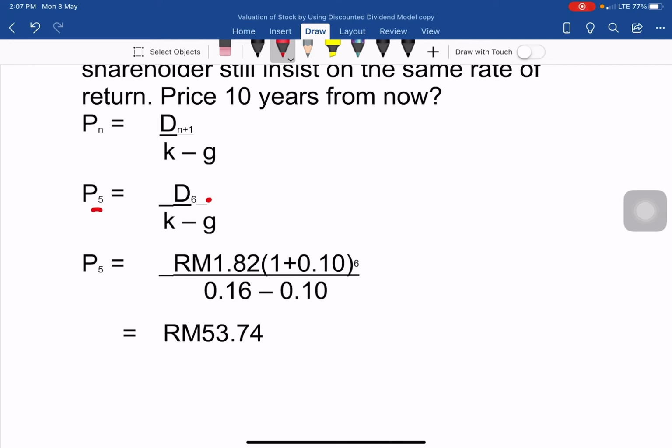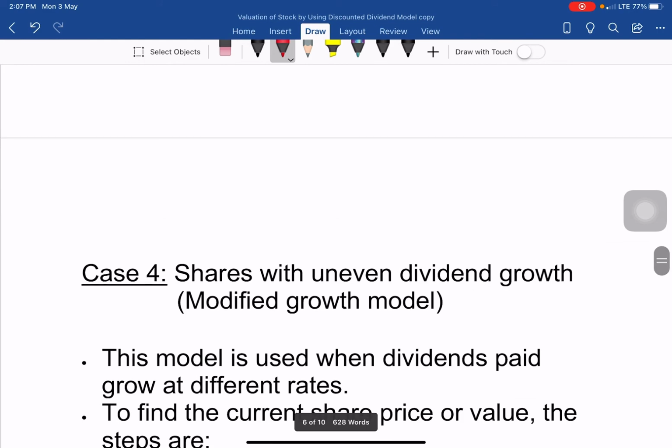Okay, so RM1.82, the D0, times 1 plus G 0.10 power of 6. 6 is because of N plus 1, 5 plus 1 becomes 6, over K 0.16 minus G 0.10. So the P5 is RM53.74. Okay. Alright, so for the P10, you can try it on your own.